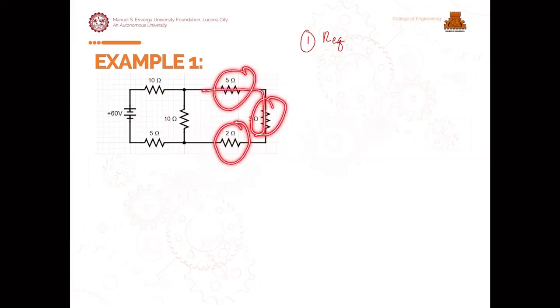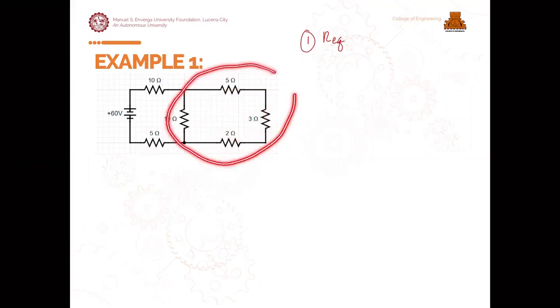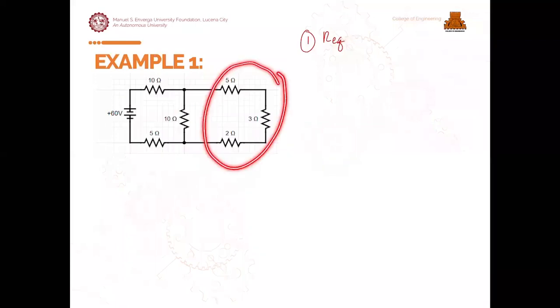Then ito makikita natin in series siya, no? Ito in series to. Then pag nakuha natin to, kung halimbawa ito in parallel to, ang gagawin natin, itong in series na to, combine natin yung resistor para makuha natin yung total resistance niya. Kung nakuha natin yung total resistance niya, ang mangyayari sa kanya, naka-parallel siya ngayon doon sa 10.